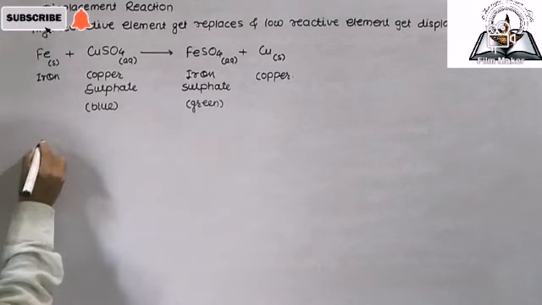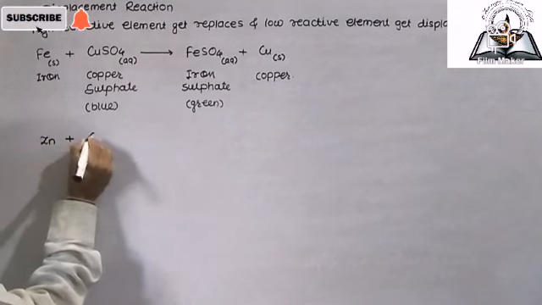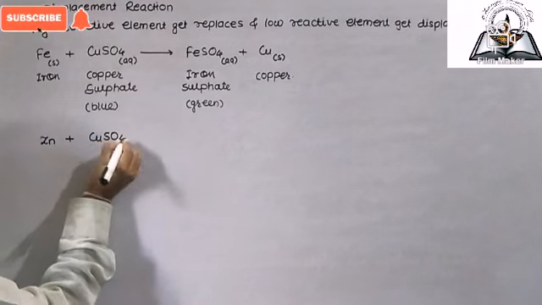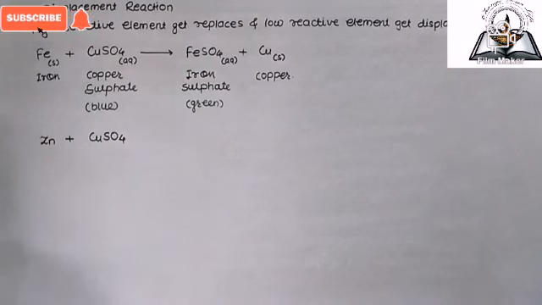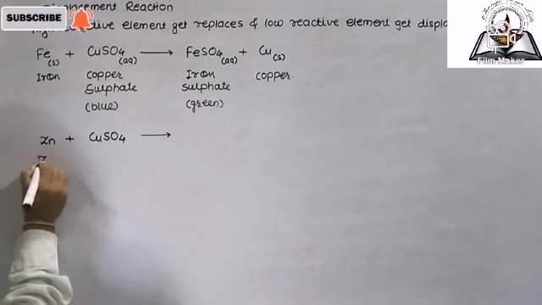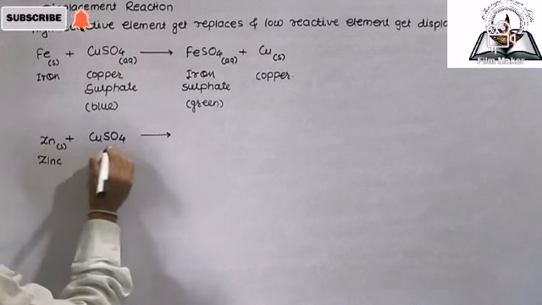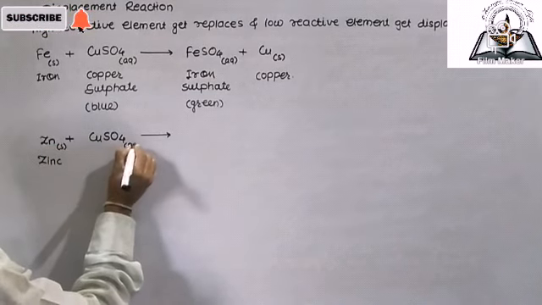Next example: a zinc rod dipped in copper sulfate solution. The blue color of copper sulfate fades out and a colorless solution is obtained. Here zinc solid rod or zinc metal reacts with copper sulfate, the aqueous solution.